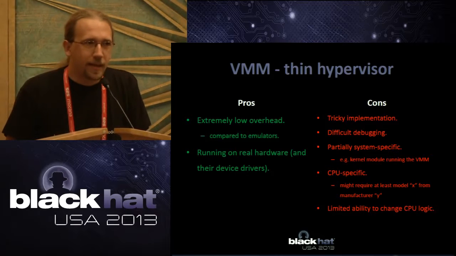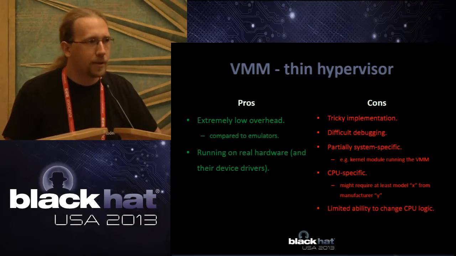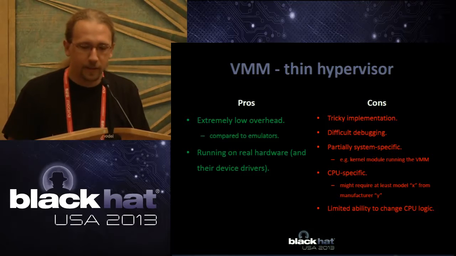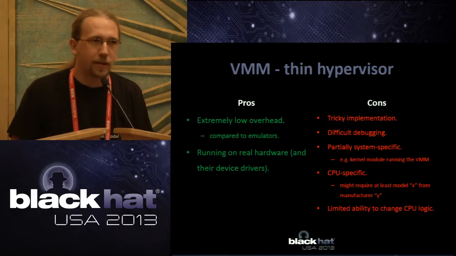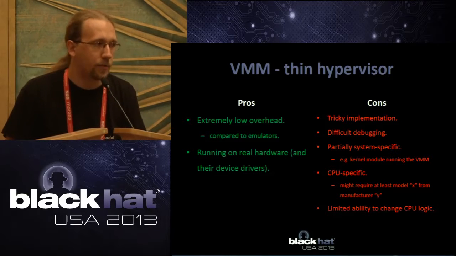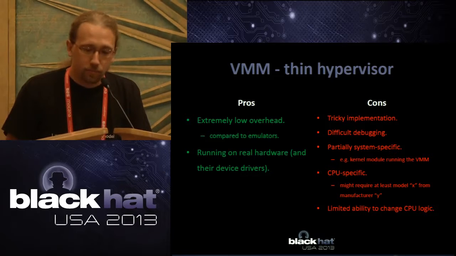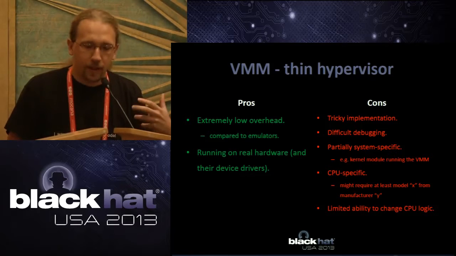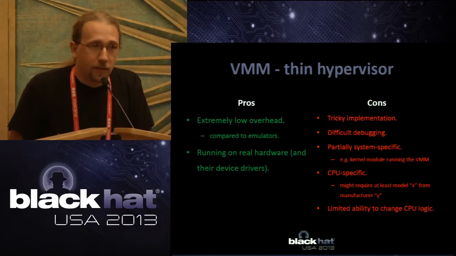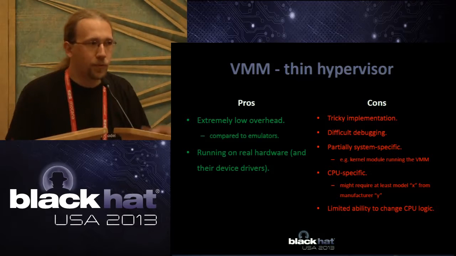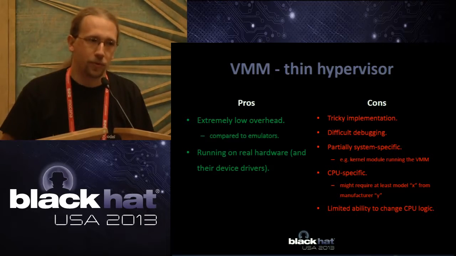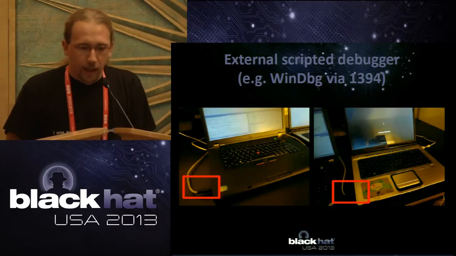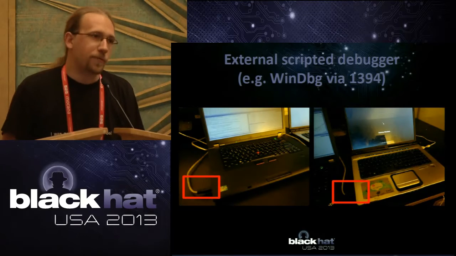The problems are that it's kind of tricky to implement, especially when compared to the Bochs approach. And it might be difficult to debug, especially if you don't own a hardware debugger. And it's partly system specific, and it's also CPU specific. So that means if we focus on Intel, it won't work on AMD CPUs. It also doesn't allow you to change the logic of the CPU.